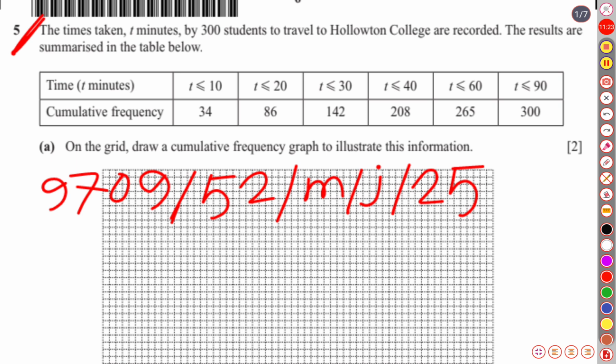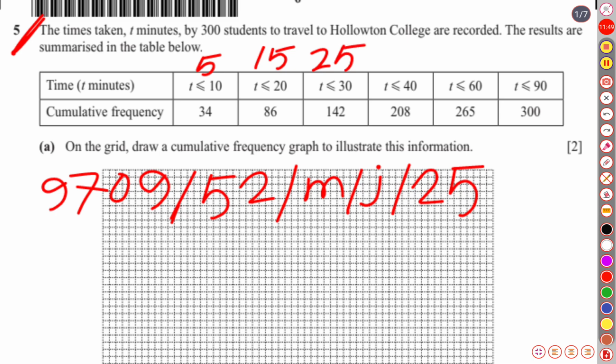Now we will have to find out the midpoints of each of the classes. First midpoint is 5. The next midpoint, from 10 until 20, is 15. Then 20 until 30 is 25.